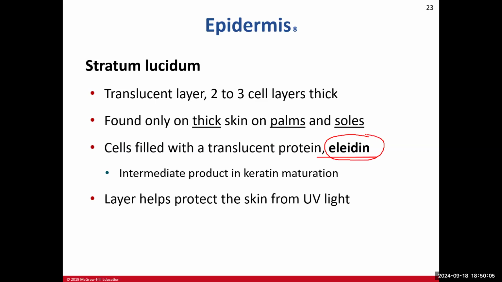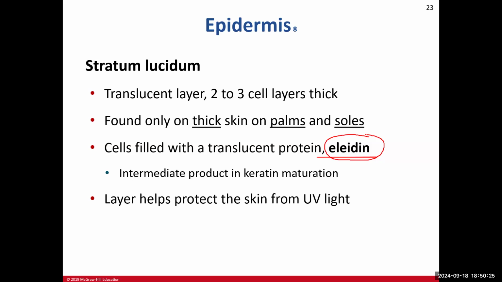I always found this statement to be interesting: this layer helps protect the skin from ultraviolet light. I get the hands, but the feet, how often do they see the sun? I've always wondered that. But anyways, it's helpful. Okay, so that's stratum lucidum.